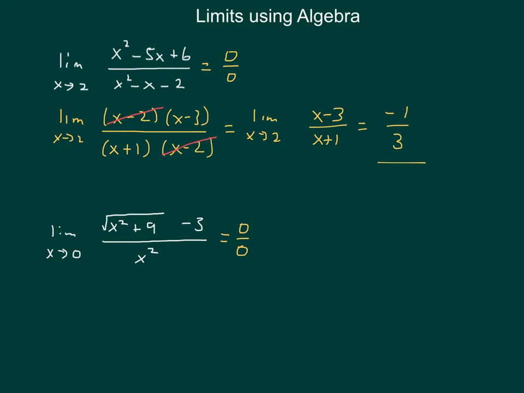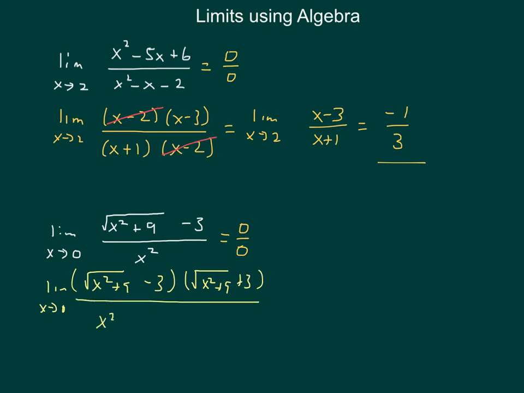And so that's going to equal the limit as x approaches 0 of the square root of x squared plus 9 minus 3, that times the square root of x squared plus 9 plus 3, all over x squared times the square root of x squared plus 9 plus 3.